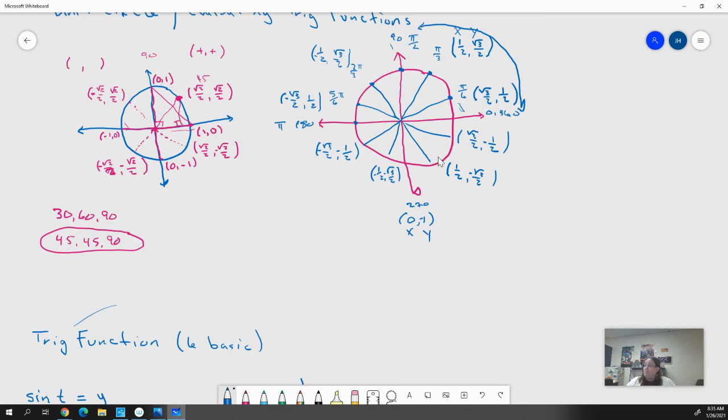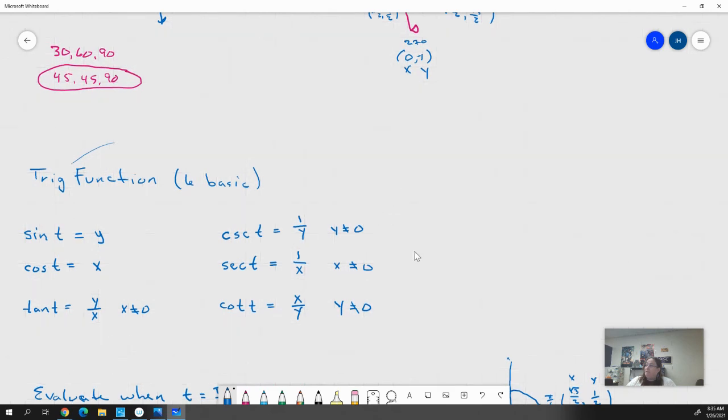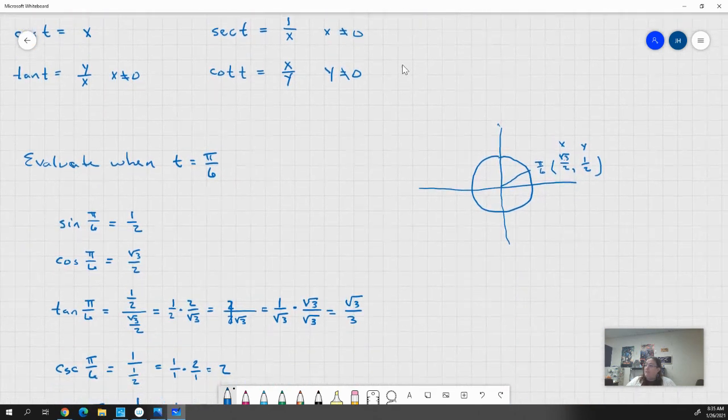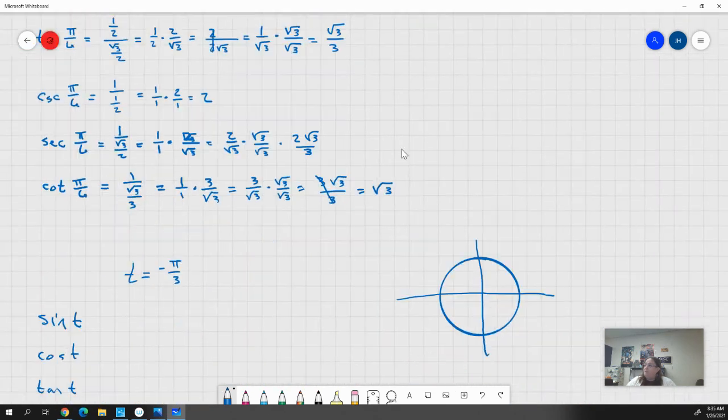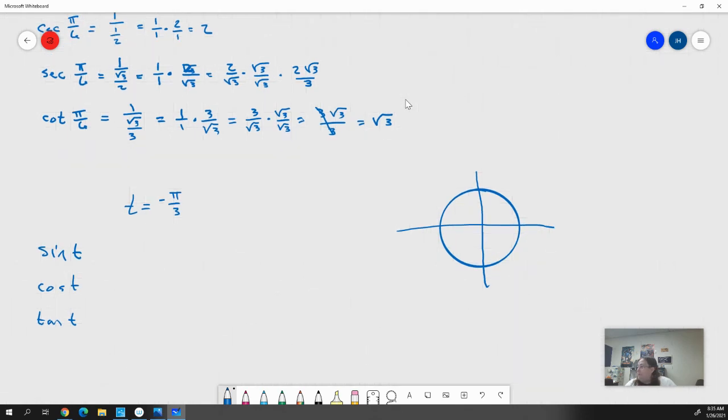So it's going to be this point right here, 1/2 and negative rad 3 over 2. Does that make some sense? It would be positive 1/2, because that's our x value in the positive, and negative radical 3 over 2. And this would be the x, y value that we're working with when we evaluate these.